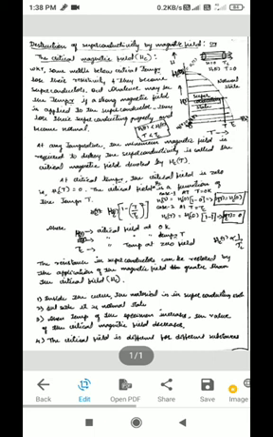Take the second case, T equal to Tc, the critical temperature. Then Hc of T equals Hc of 0 times 1 minus Tc divided by Tc, which is 1 minus 1, that is 0. 0 into Hc of 0 is 0.